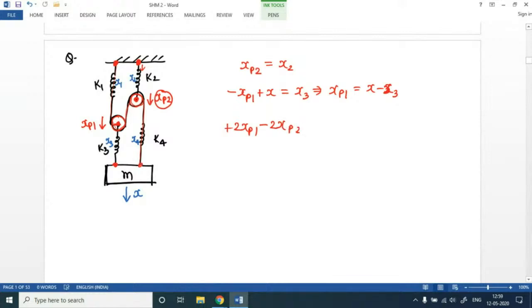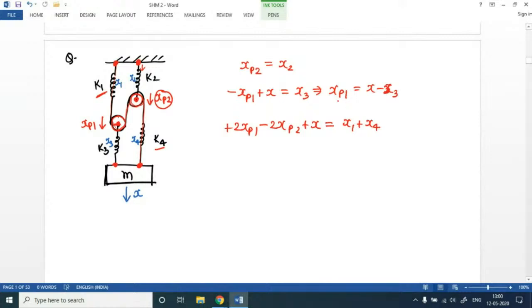And finally, let's get to this point. This point is moving down by x, so this will elongate, so that is plus x over here. And total elongation, you should realize, will be elongation in k1 spring and k4 spring, so that would be x1 plus x4 that you can write. Okay, so let's say these three equations we are having.